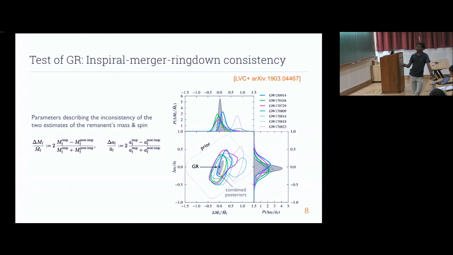Ideally, it should be at 0 if GR is correct, and otherwise it will deviate from 0. These colored contours are for the different events listed here, and the shaded region is the combined posterior of delta M_f and delta chi_f. You can see that it is consistent with GR, peaking around 0.